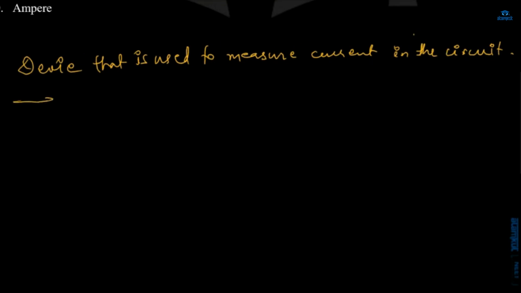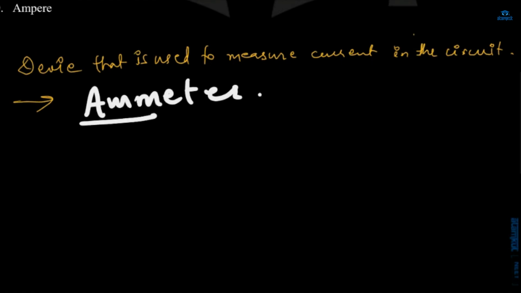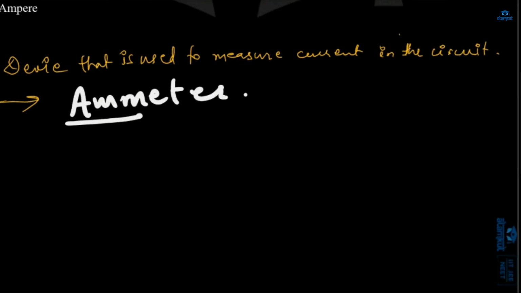What is the name of that device? Ammeter. The name itself represents ampere. Ampere ka meter. The unit for current is ampere, right?